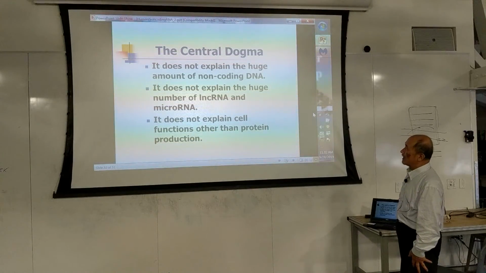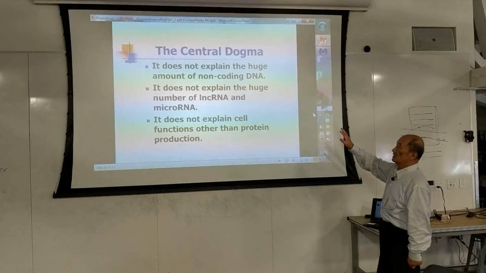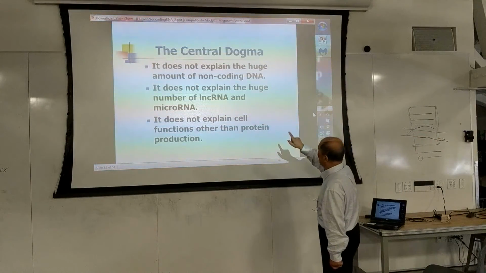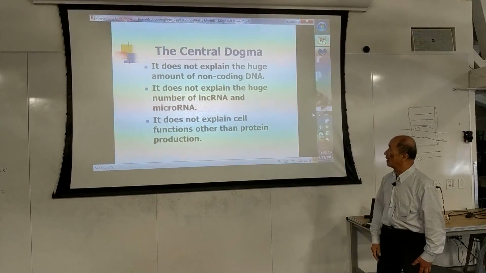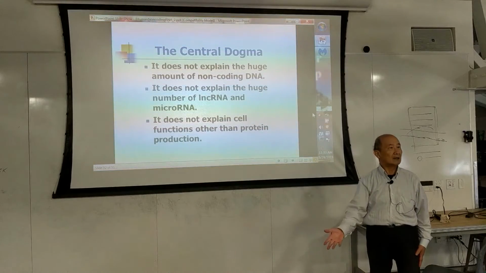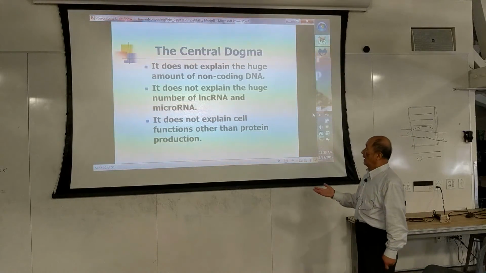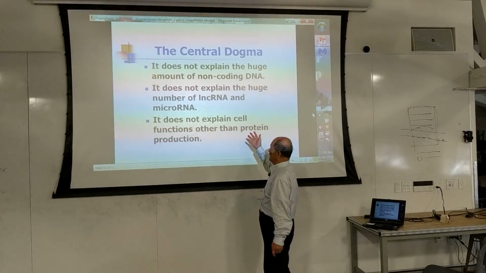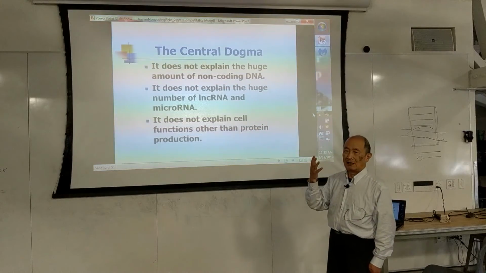It doesn't say anything about the non-coding DNA, and it does not say anything about the huge number of long non-coding RNA and microRNA. It does not have a good model of how a cell operates. It just explains how protein is produced.